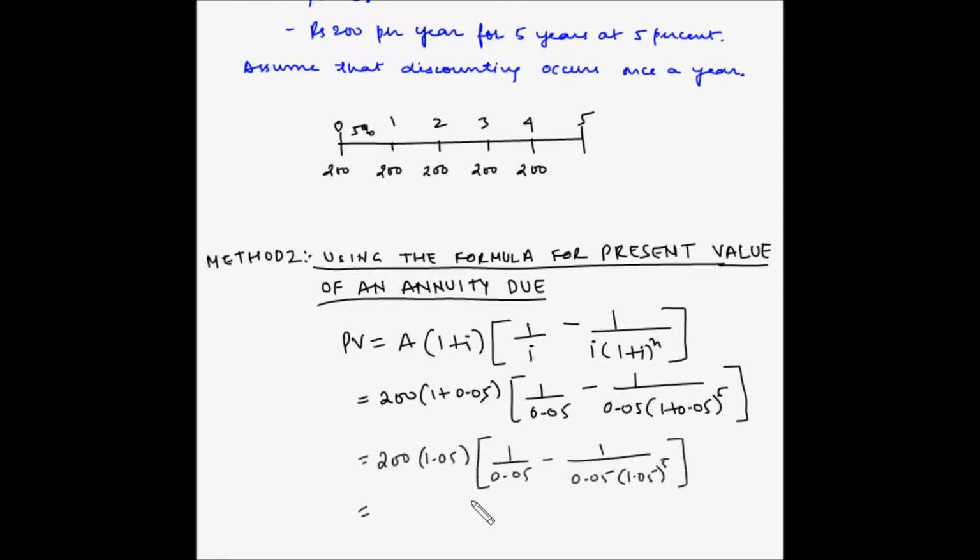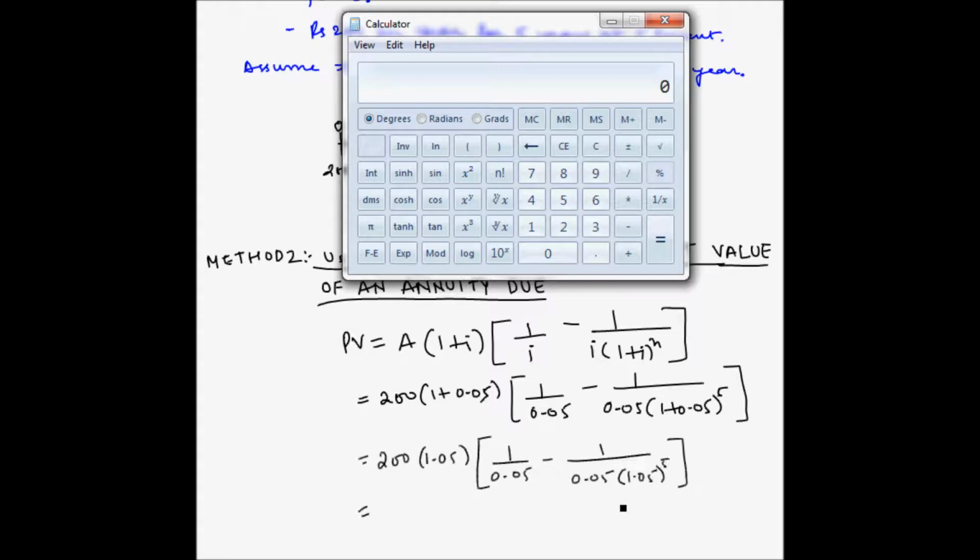Now let's calculate this. So we'll first take this portion here. So 1.05, x to the power y, power is 5, multiplied by 0.05, equals to, and this is 1 by this figure, so this is 1 by x. Now there is a negative sign here, so we'll put a negative sign, and then plus 0.05 reciprocal.